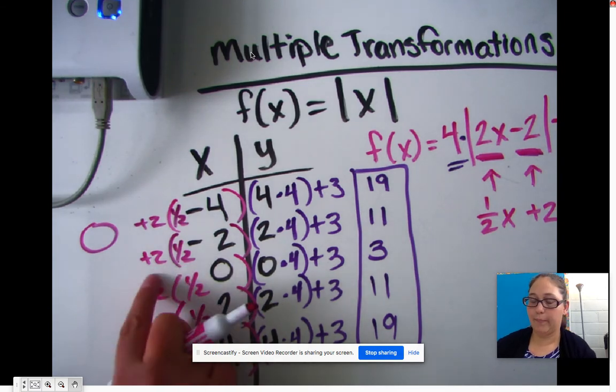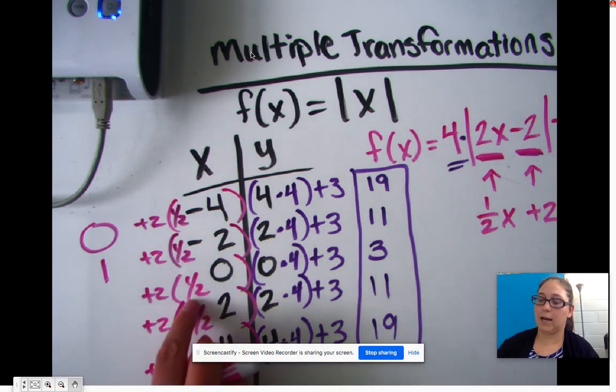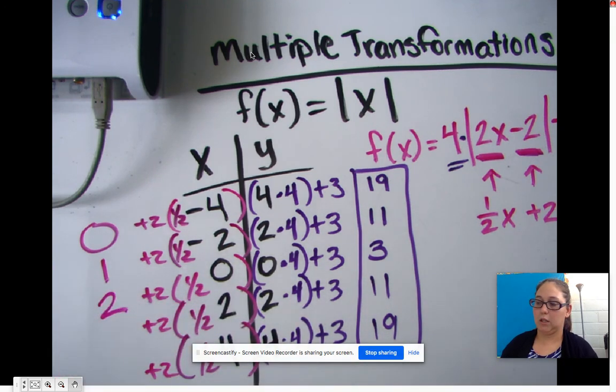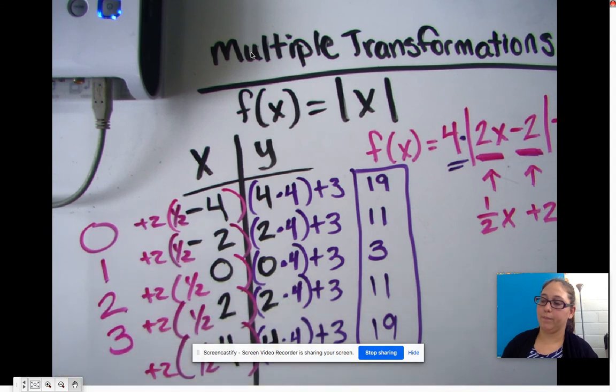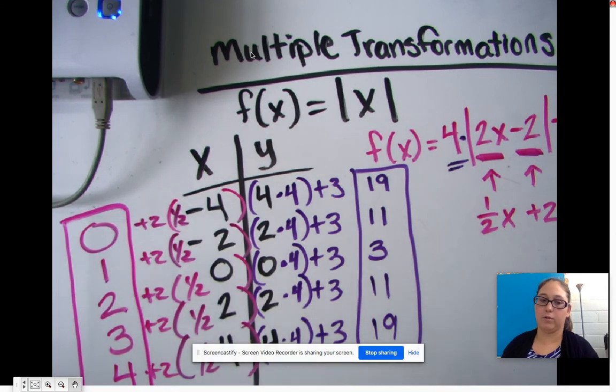Negative 1 plus 2 is a positive 1. 0 times a half is 0. 0 plus 2 is 2. 2 divided in half is 1. 1 plus 2 is 3. 4 divided by 2 is 2. 2 plus 2 is 4. These are now my new x values. The purple are my new y values. That's what I would graph to get the new function.